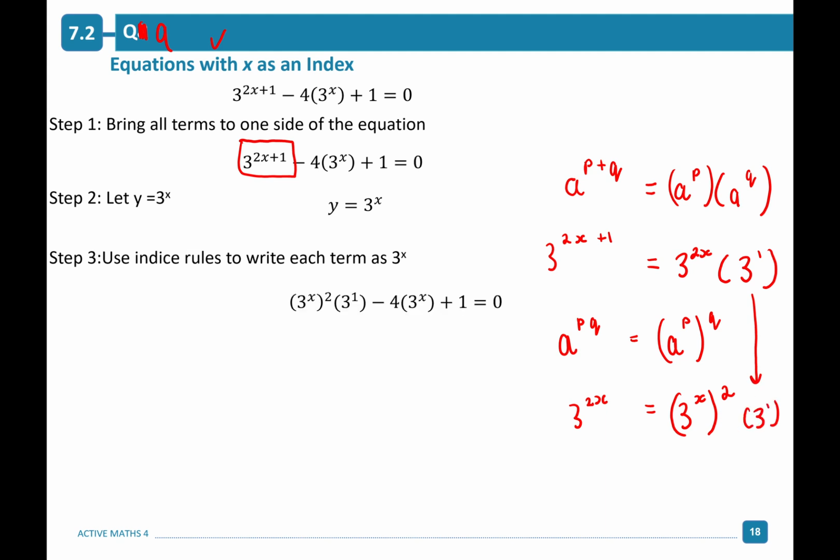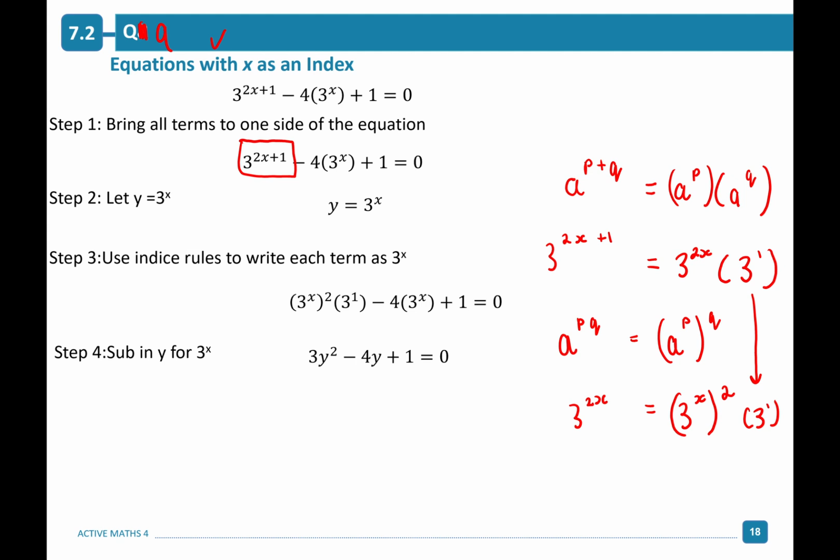This leaves us with 3 to the power of x squared times 3 to the power of 1, minus 4 times 3 to the power of x, plus 1 equals 0. Substituting in y for 3 to the power of x, we're left with 3y squared minus 4y plus 1 equals 0.